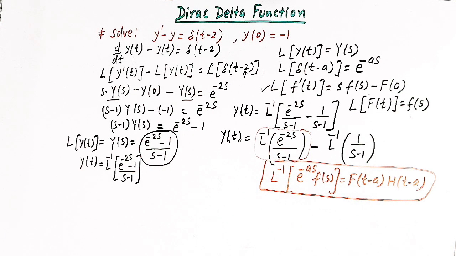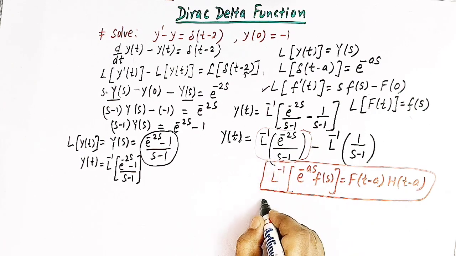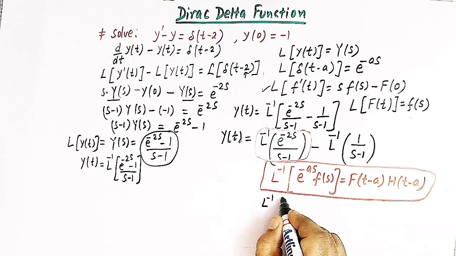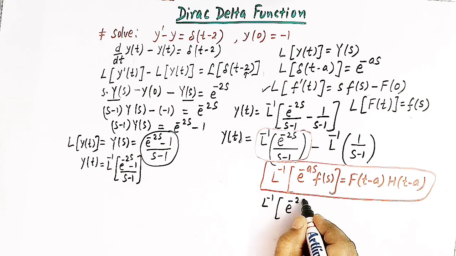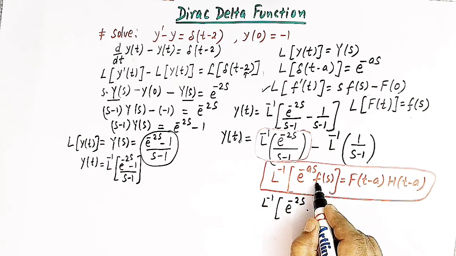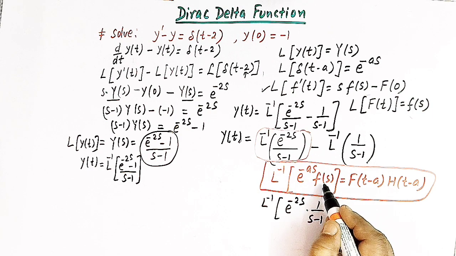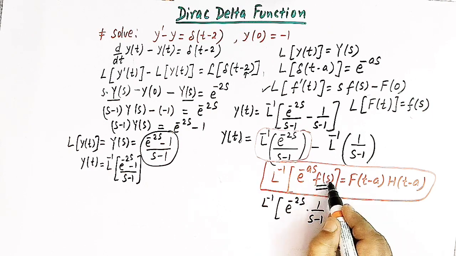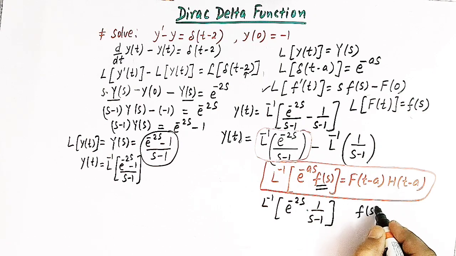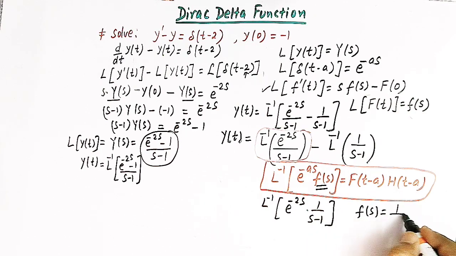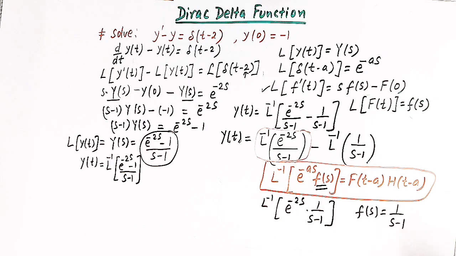Because see, here we can write this expression as L inverse, and then we have e raised to minus 2s times f of s, and f of s is 1 over s minus 1, right?